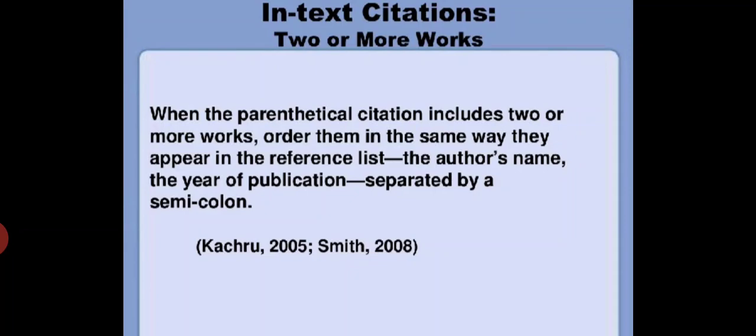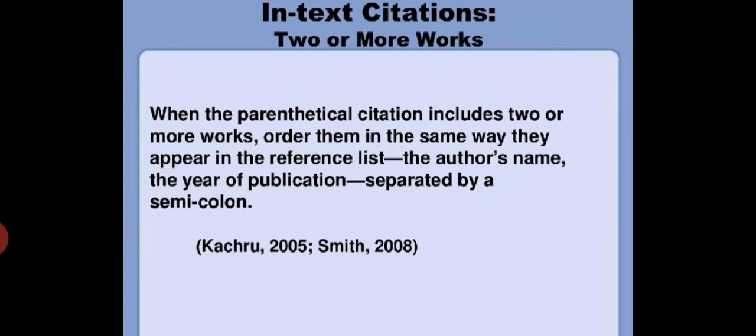In-text citation, two or more works. When you are citing two or more works, then you would use a semicolon between the two author names. Here is an example of a quotation and citation of two works.